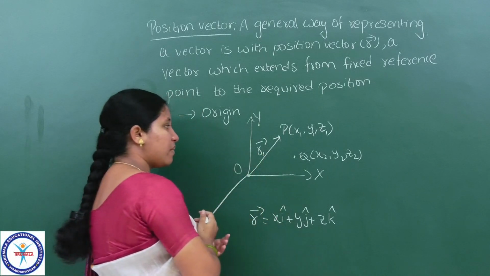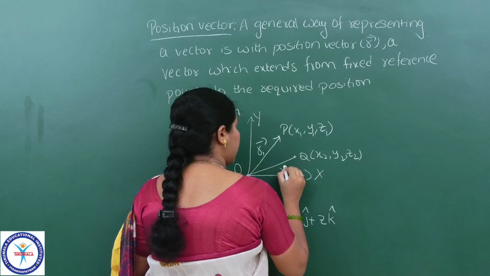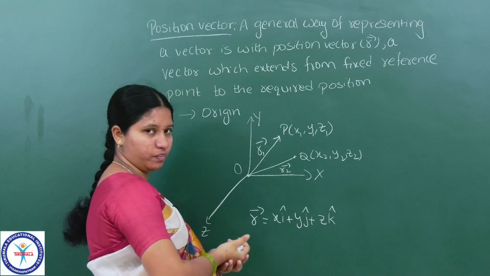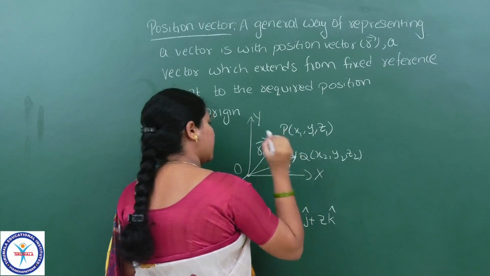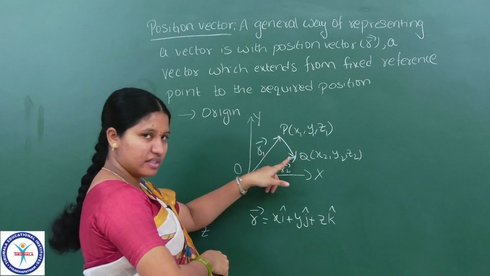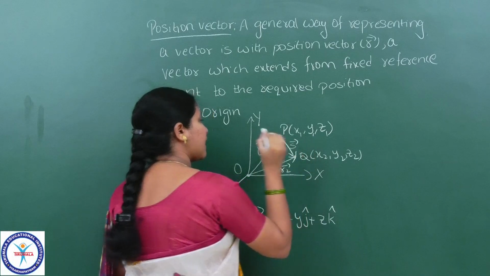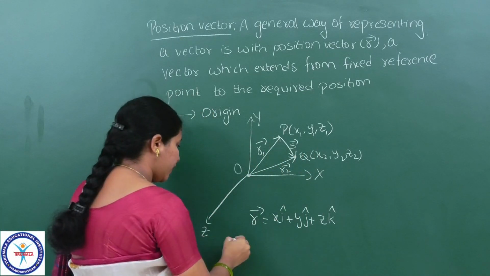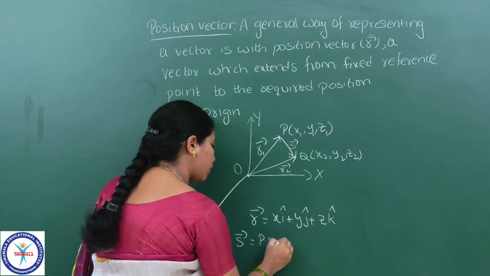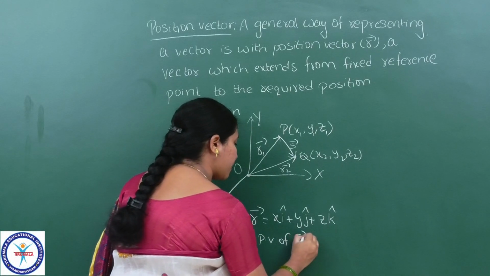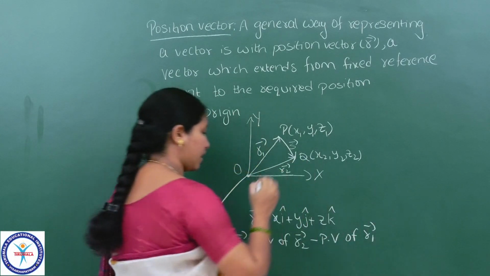So, let r1 bar be the position vector of P and r2 bar be the position vector of Q. Let the resultant be represented as S bar. So, we can write S bar as r2 bar minus r1 bar.